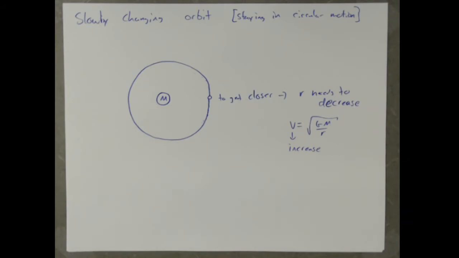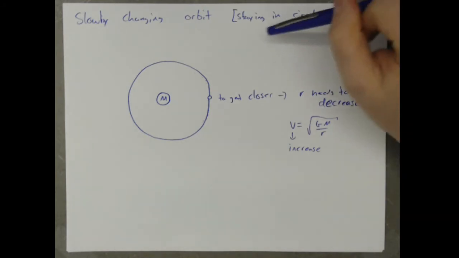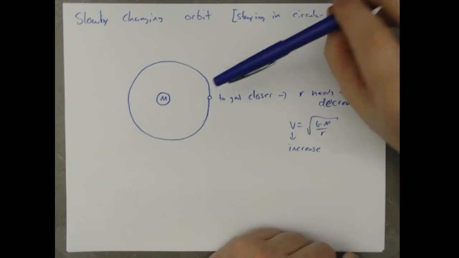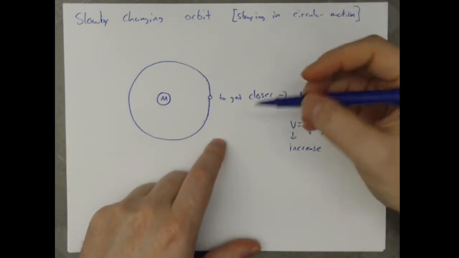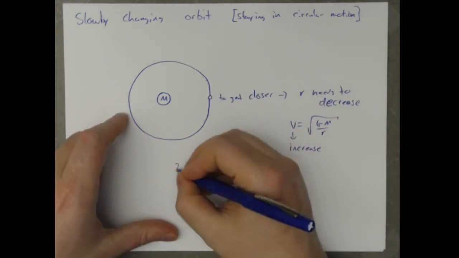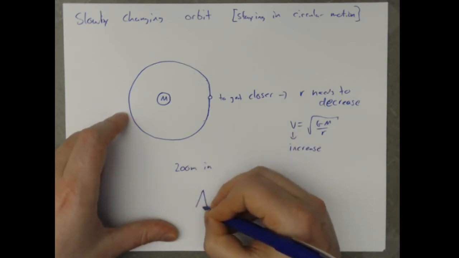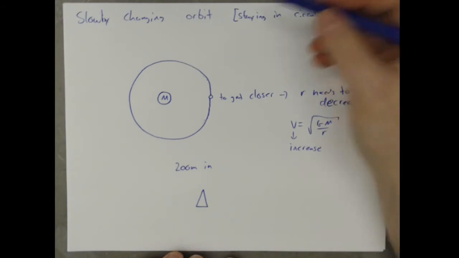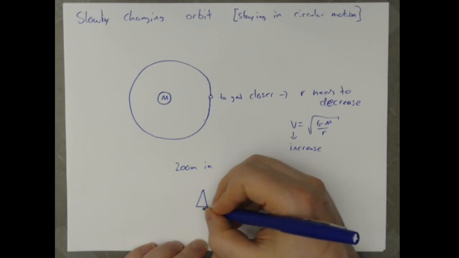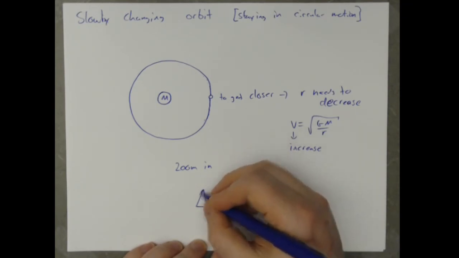which is kind of counterintuitive because we don't think about slowly changing the motion. So the idea is that if I want to keep myself in circular motion, we'll zoom in. This is my rocket that's currently going upwards. In order to slowly change my orbit, I'm going to fire the thrusters.